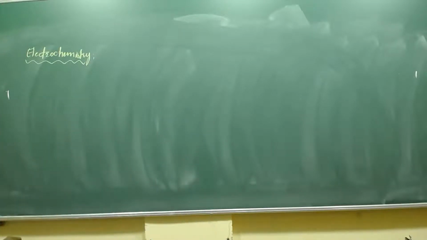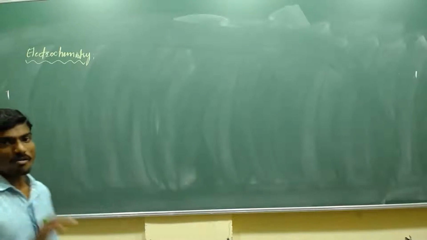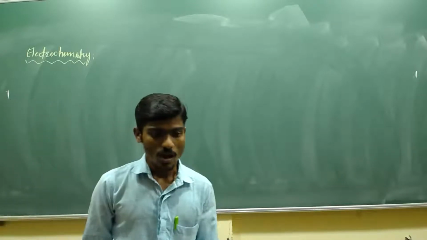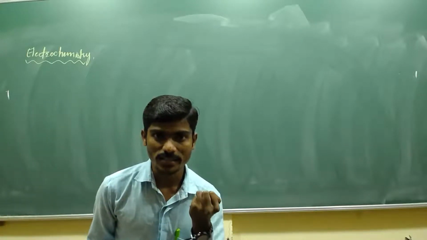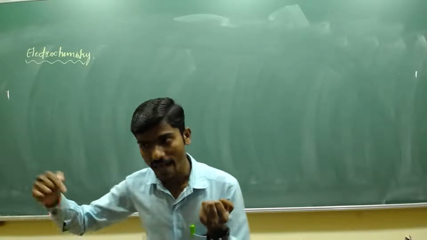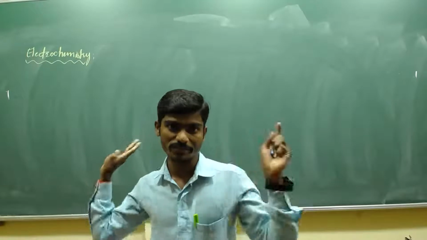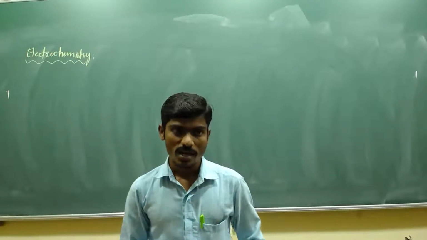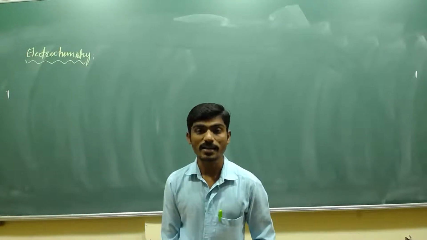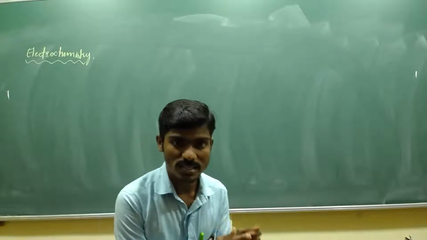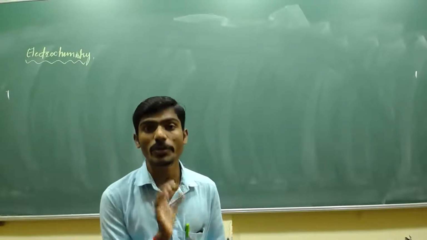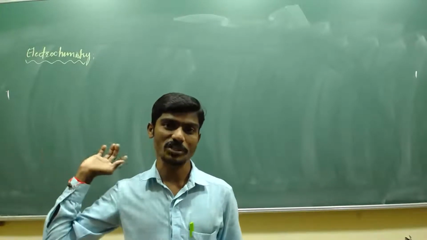Electrochemistry is a branch of chemistry which deals with the study of production of electric current from the energy liberated during a spontaneous chemical reaction. Is it right? The production of electric current from the energy liberated during a spontaneous chemical reaction.